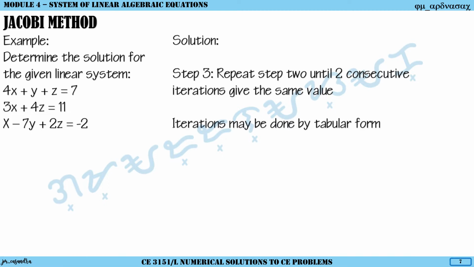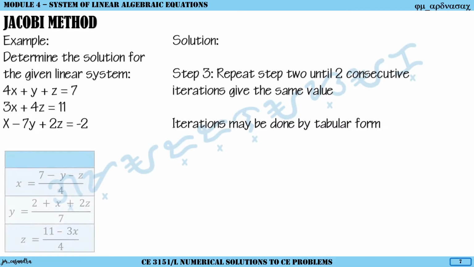So for our next iterations, we could now show it in tabular form to make it easier for us to solve and easier to look at our solution. Okay?